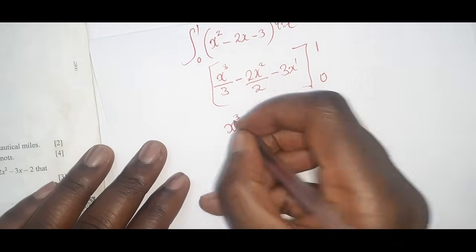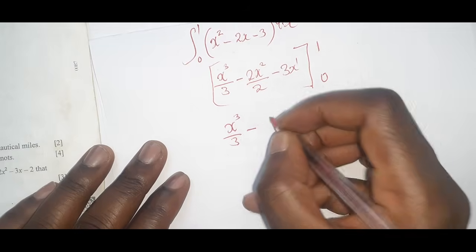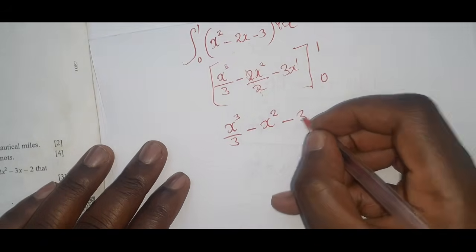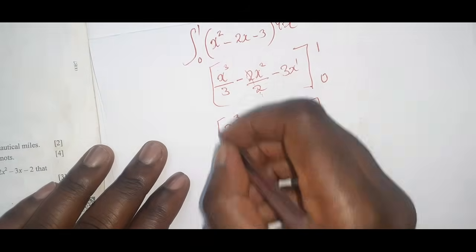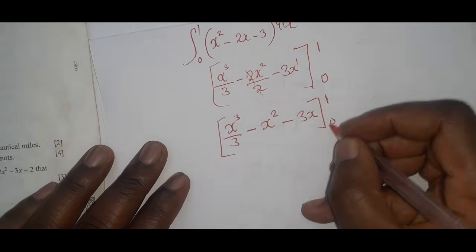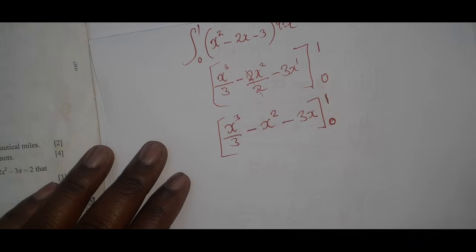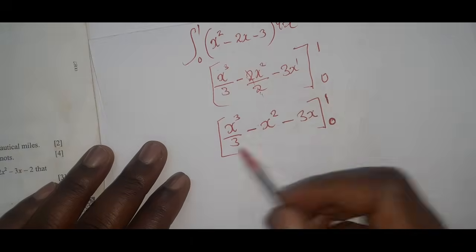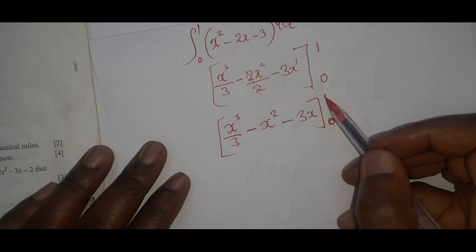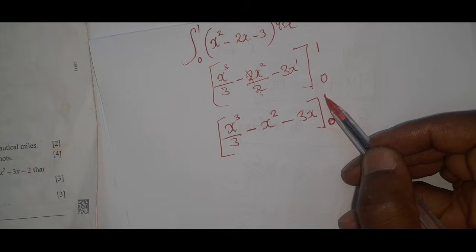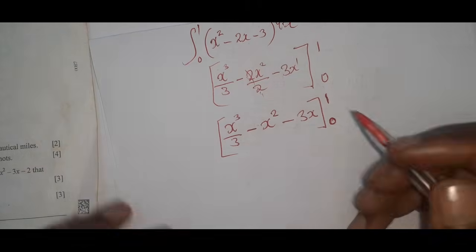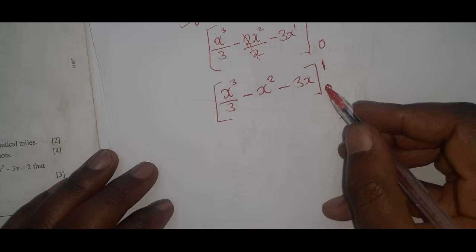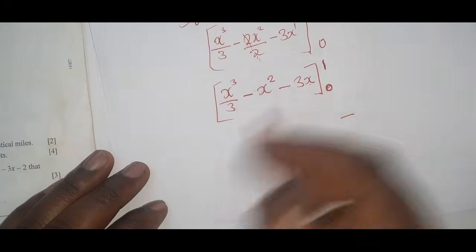I have x to the power 3 over 3 minus x squared minus 3x, with limits 1 and 0. Then at this point we need first to slot in 1 everywhere where we have x. Then the second part we were supposed to say minus, we also do the 0. Now when we put 0 throughout, it will be 0 just.